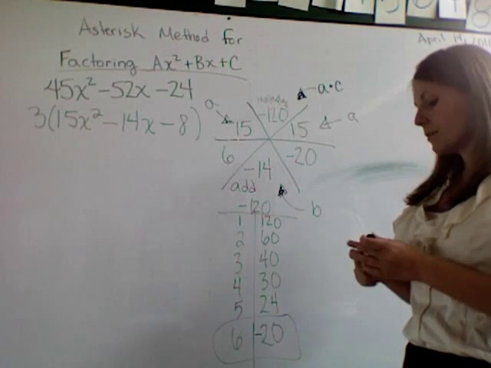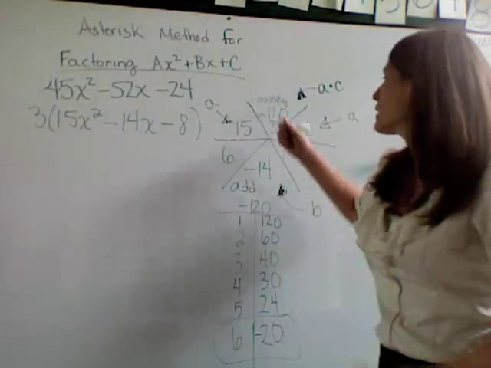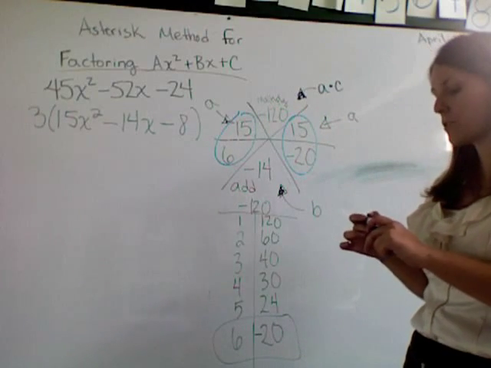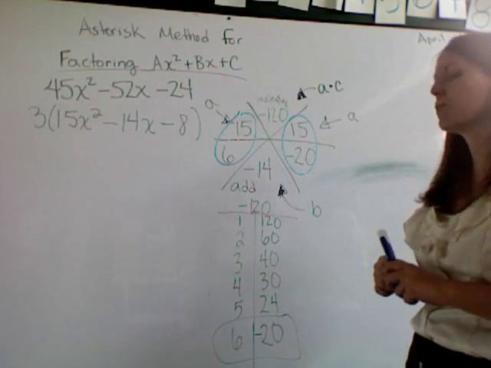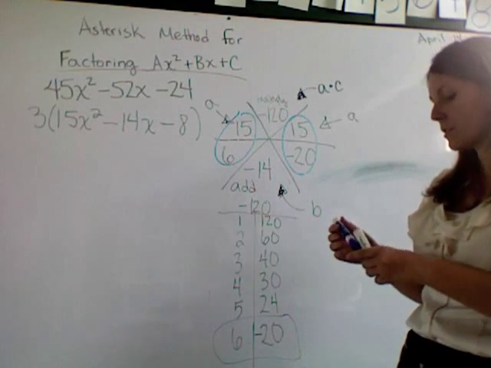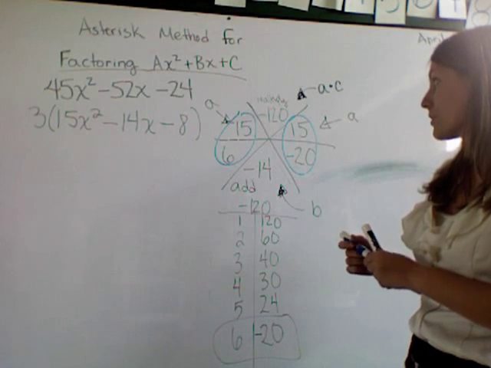All I need to do now to find my two factors would be to look here and here. And notice that these each sort of form a fraction, one number over the other number. Well, these two fractions are going to be my factors.